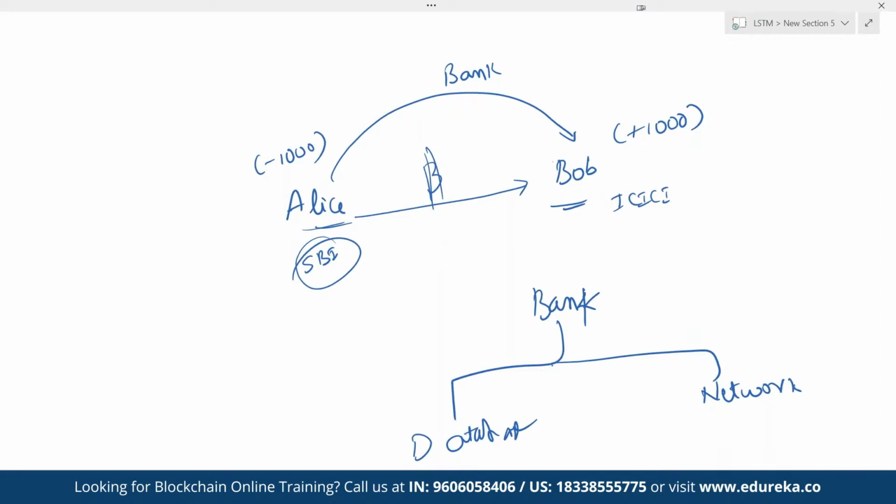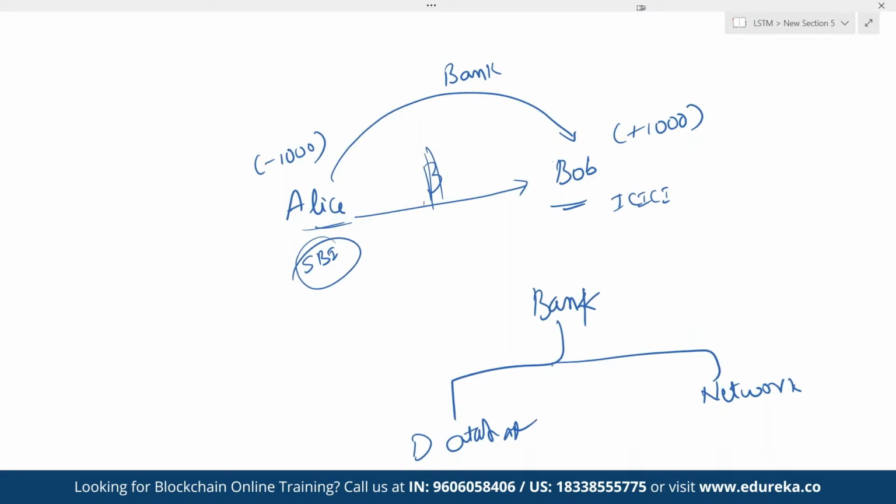Much like the bank, this blockchain gives her a place to safely store her funds and also send money to Bob. So what exactly it is doing is, primarily, replacing the two primary technical features of the bank, that is the database and the network.